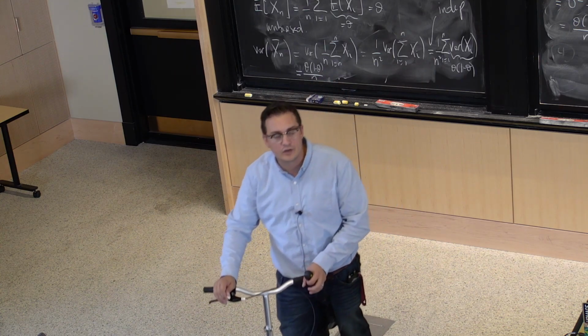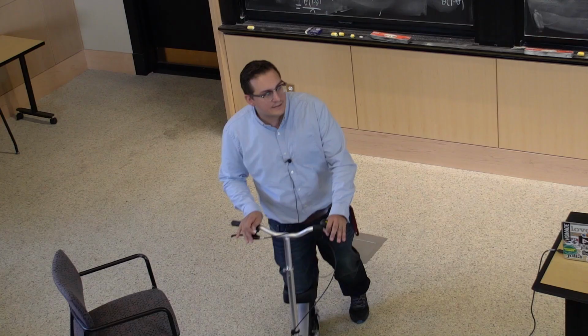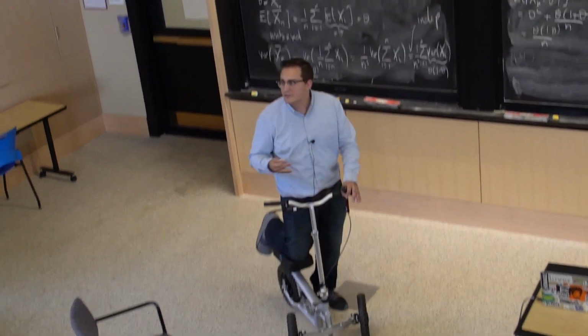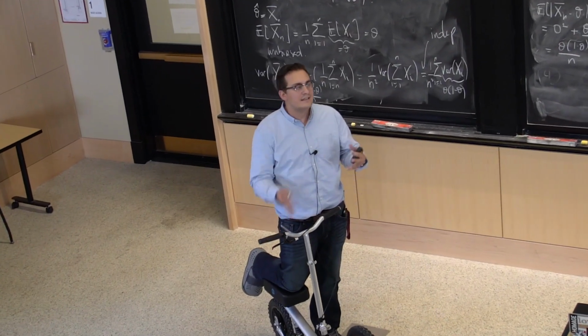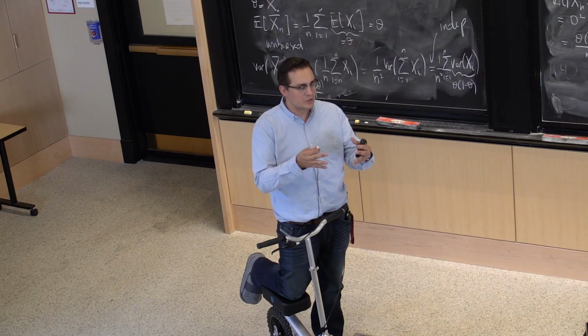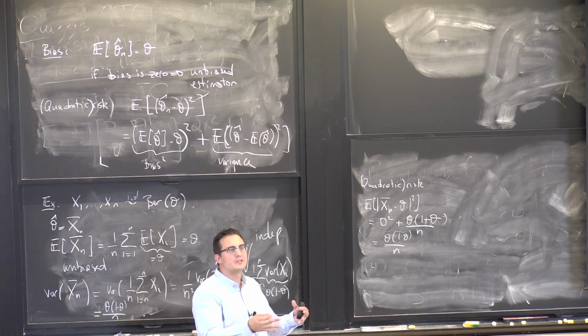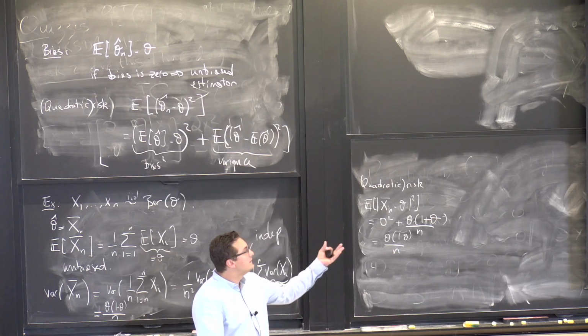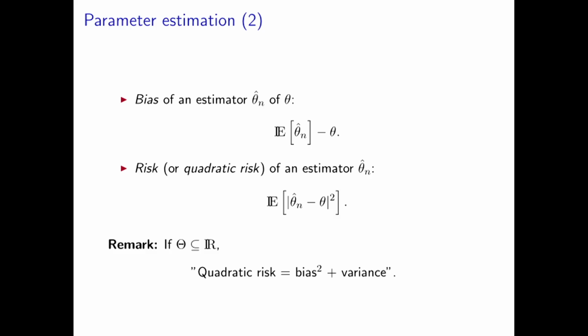So that's what the quadratic risk is doing. And in a way, this decomposition as the sum of the bias squared and the variance is accounting for the bias, which is, even if I had an infinite amount of observations, is this thing doing the right thing? And the other thing is the variance. So for a finite number of observations, what are the fluctuations? All right, and you can see that those things, bias and variance, are actually very different.